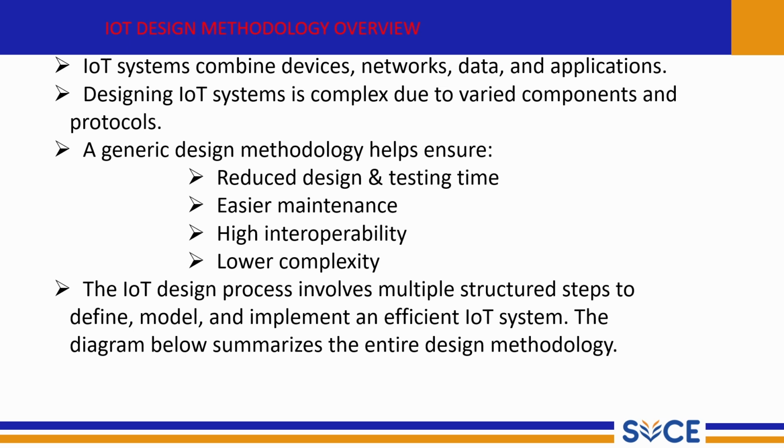Making all of these communicate smoothly is a difficult process. The IoT system is a combination of devices, networks, data and applications, so designing the IoT system is complex due to the varied components and protocols.